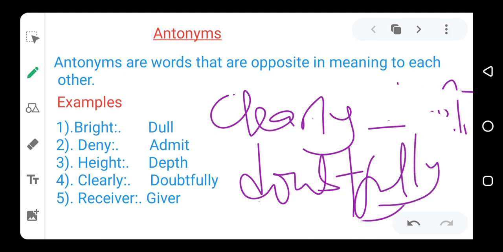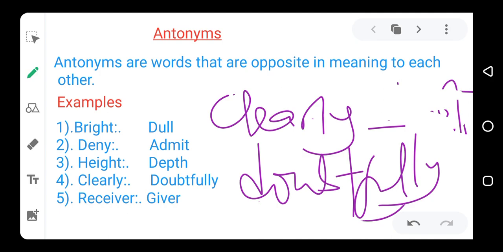Clearly and doubtfully are both adverbs. Both of them are adverbs and they are opposite to each other in meaning. Therefore, we also have antonyms in adverbs.